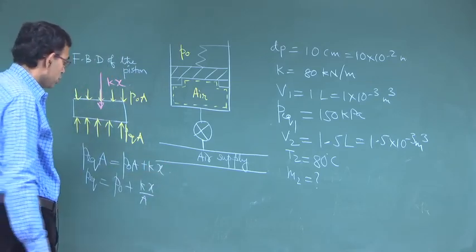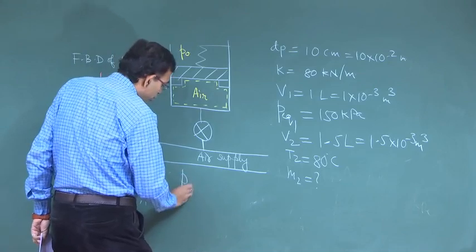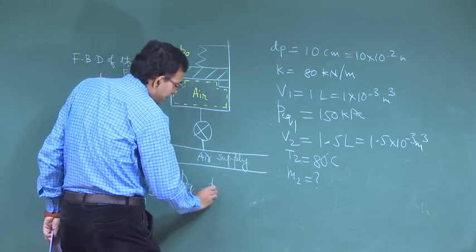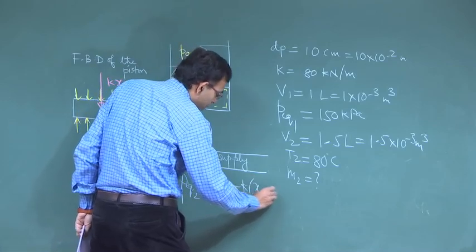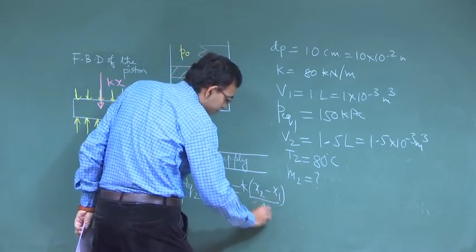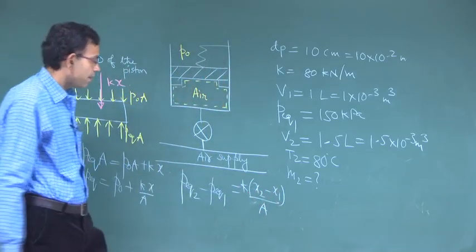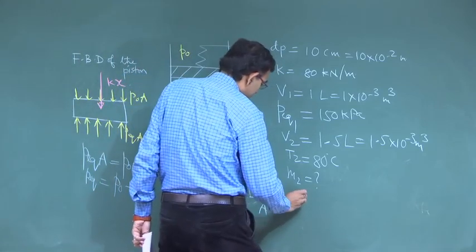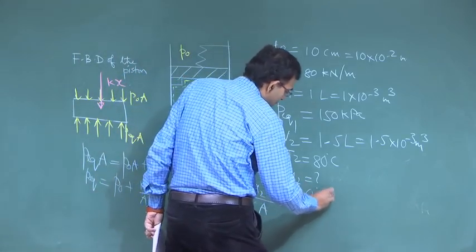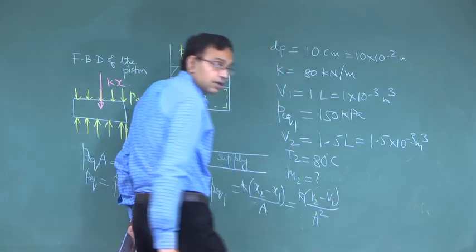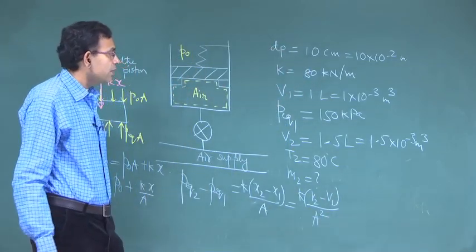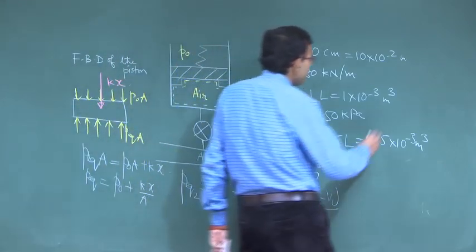right. So P equilibrium state 2 minus P equilibrium state 1 is equal to K into x2 minus x1 by A, right, and x2 minus x1 is V2 minus V1 by A. So this becomes K into V2 minus V1 by A square. So what is A?